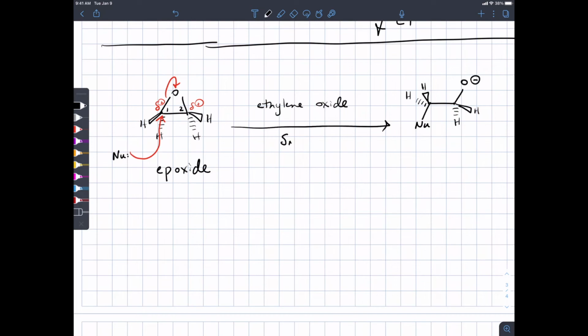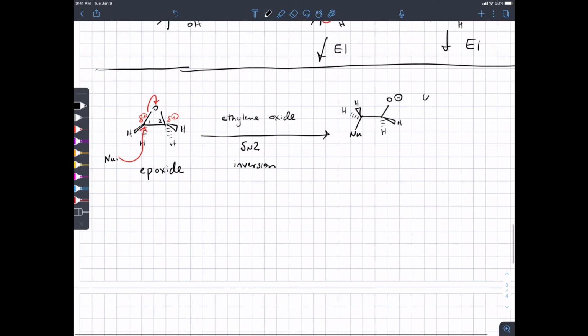Nevertheless, this can happen in SN2 fashion with inversion of configuration. And the question is, why? And the answer is relief of ring strain. When that 3-membered ring pops open, the energy of the system goes down because you no longer have the extensive ring strain that's present in the 3-membered ring. And that pays for the fact that O- is not the best leaving group.